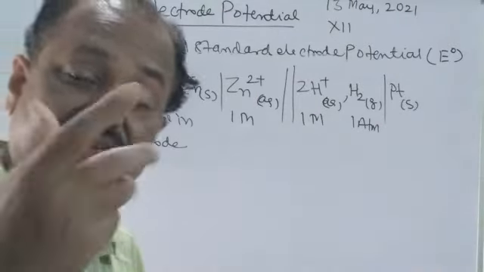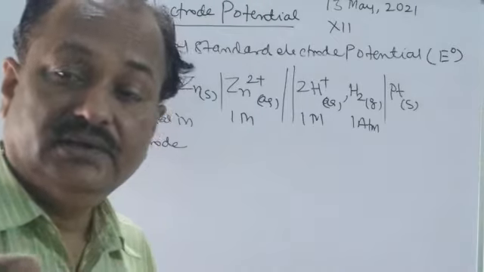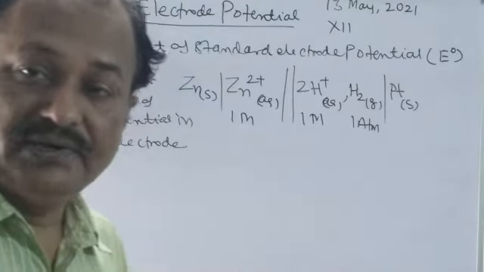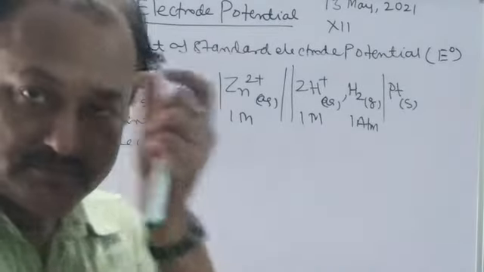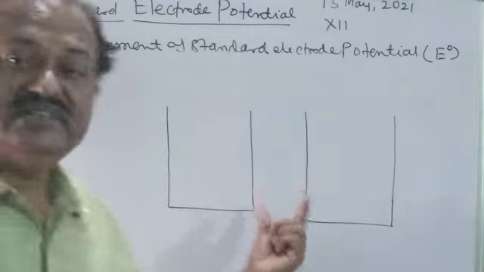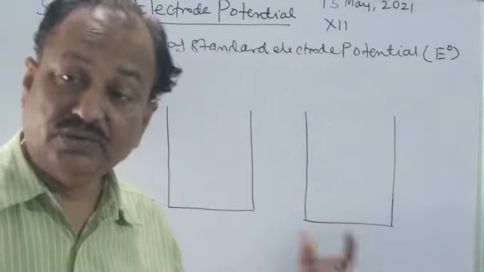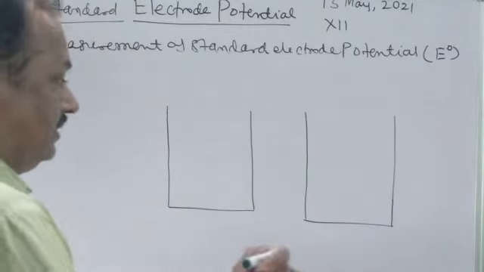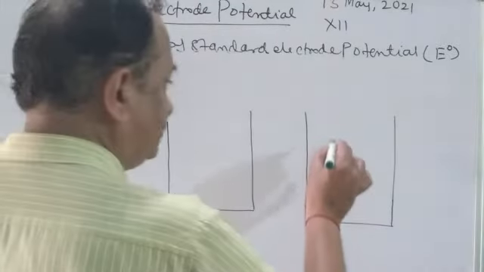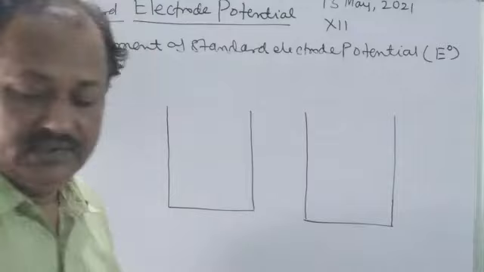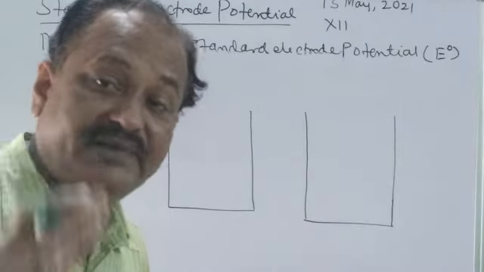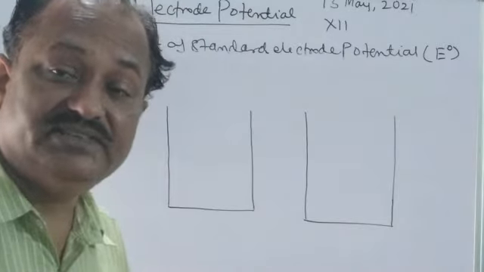Now see, I will look again at the other half, that is the copper electrode. See how. Now I have drawn two beakers, two half cells. Now we'll see again the standard electrode in that condition. Here there will be this SHE, because the condition of SHE will remain the same. The position of SHE will remain the same.